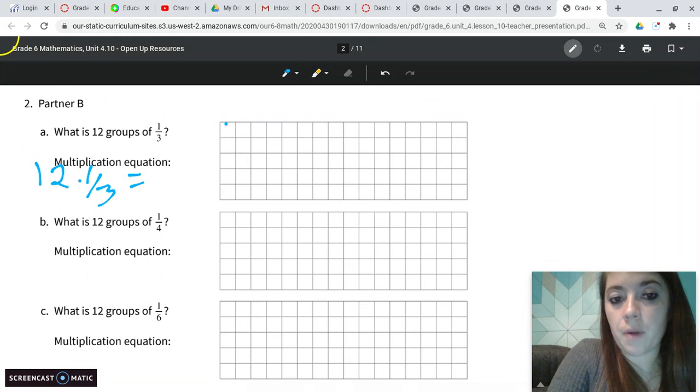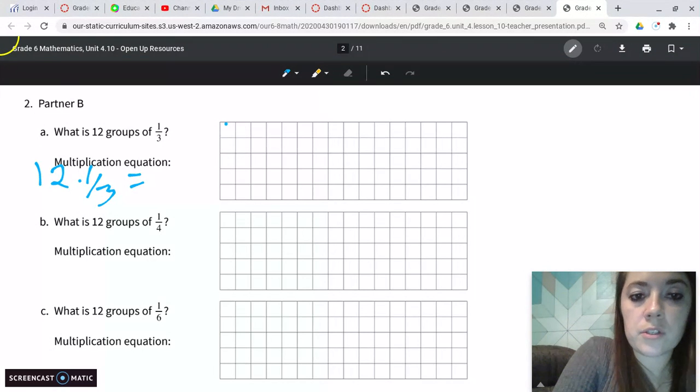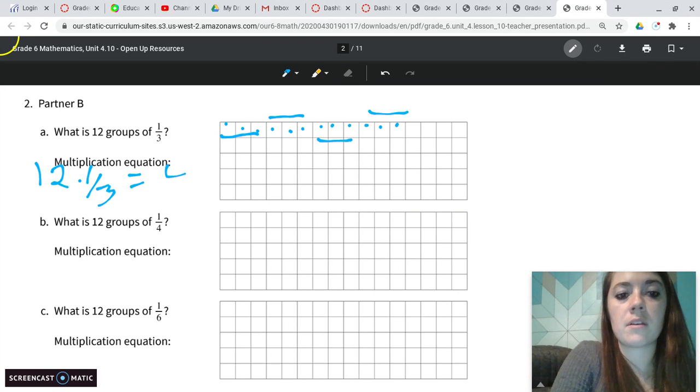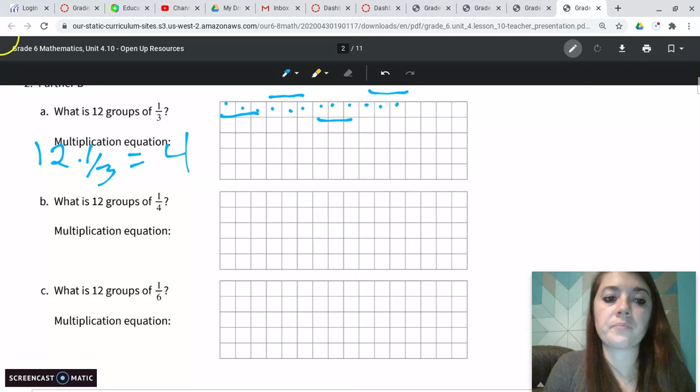Where each dot's going to represent a third. So a third, 2, 3, 4, 5, 6, 7, 8, 9, 10, 11, 12. So we group these in 3's. So we've got 3, and we've got another 3, another 3, and another 3, which gives us 4 again.